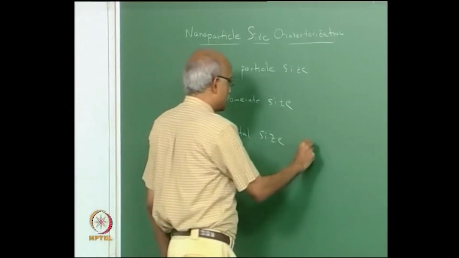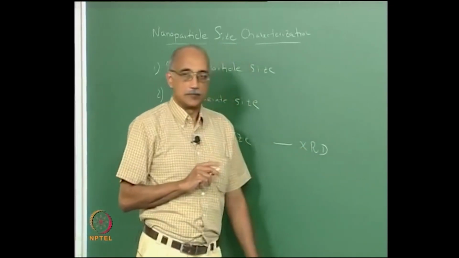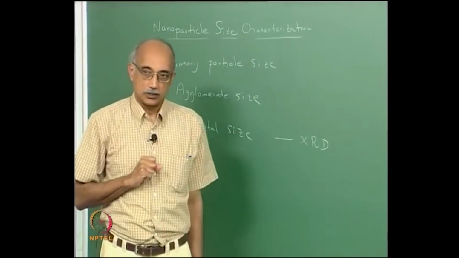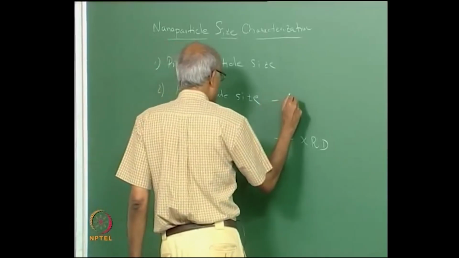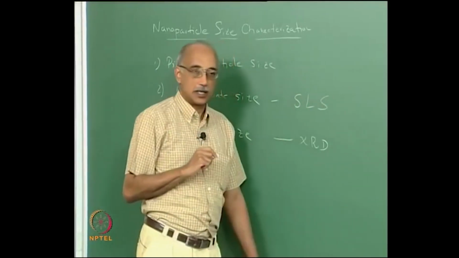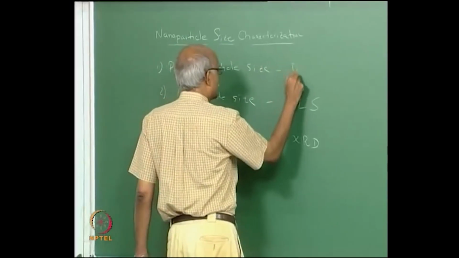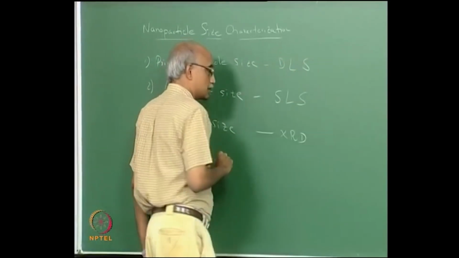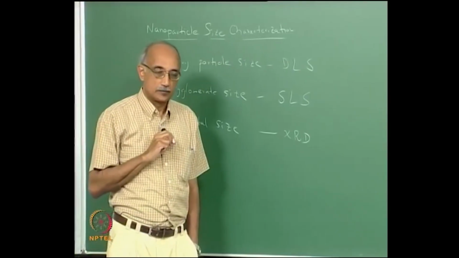Crystal size is typically measured using an XRD, X-ray diffraction analyzer. Agglomerate size is measured using a technique called static light scattering, and the primary particle size is characterized by a technique known as dynamic light scattering.